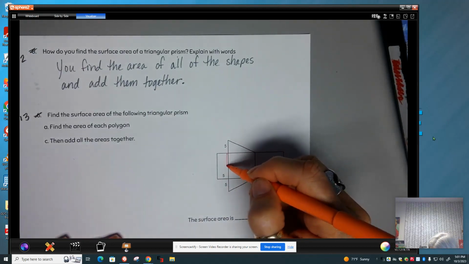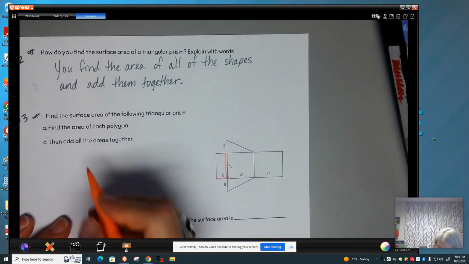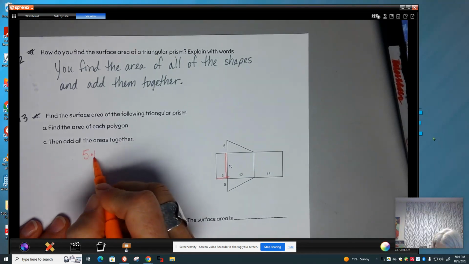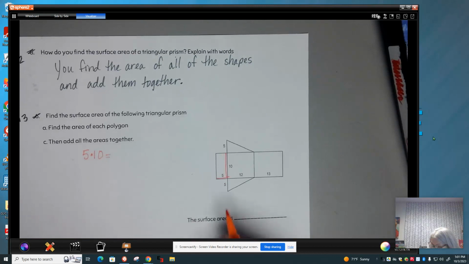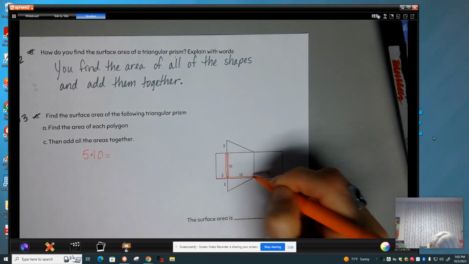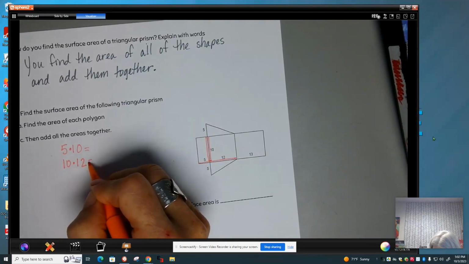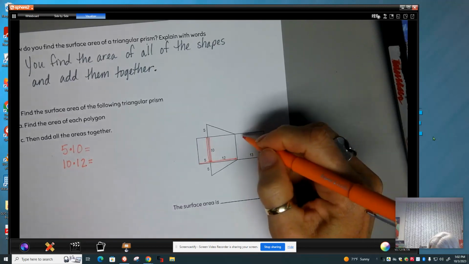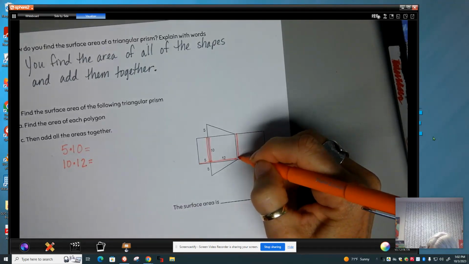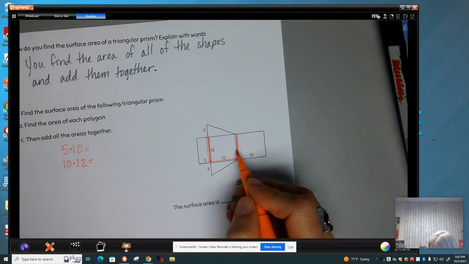Well, this first rectangle is a 5 times 10. And not everything on here is the same, so you do have to do a lot of work. The second rectangle is a 10 times 12. The third rectangle is how tall? Well, if this is 10, this is 10, because rectangles are the same on both sides.